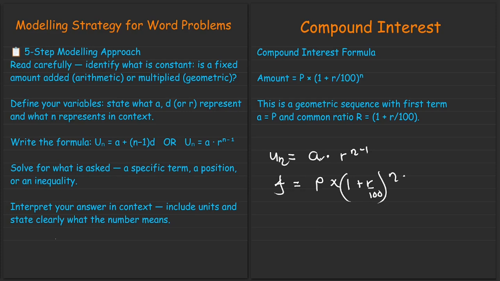Then our a becomes the what? P. You see that? And our r becomes all of this we have over here. You see, so there's the key connection between the compound interest and the geometric sequence formula. With this said, let's not dwell on it. Let's move to some questions that will require us to apply all that we have learned.